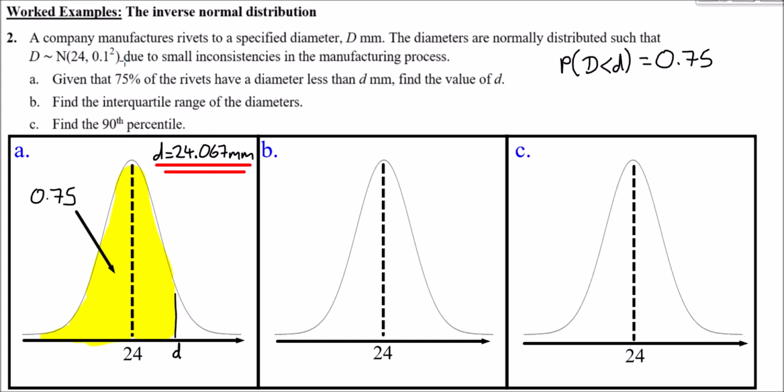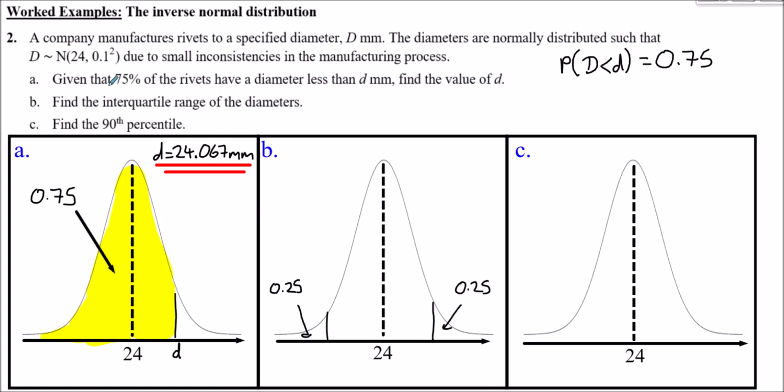standard deviation. For B, we want the interquartile range of diameters. So the interquartile range means we've got a 75% point over here, so that's going to leave 25% of the curve, and the lower quartile over here will again leave 0.25 in that tail.